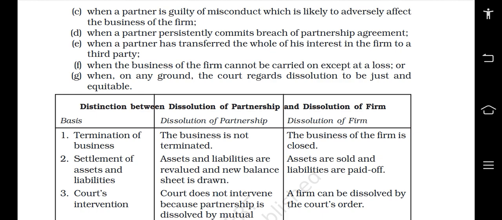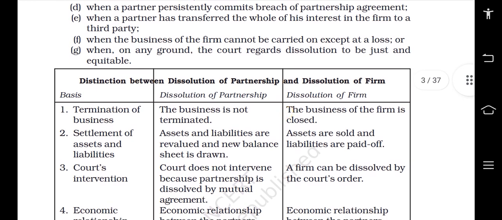Now, the distinction between dissolution of partnership and dissolution of firm. These are two different things, and we are discussing the difference between them. Dissolution of partnership means the business carries on, but the partnership deed is changing.